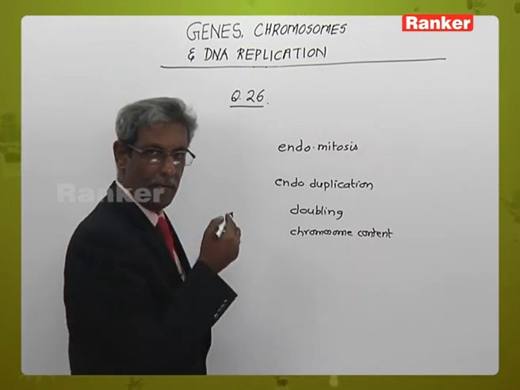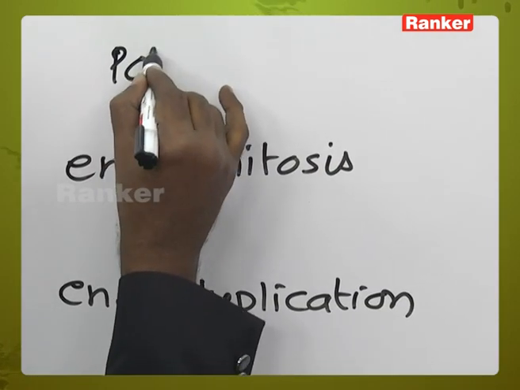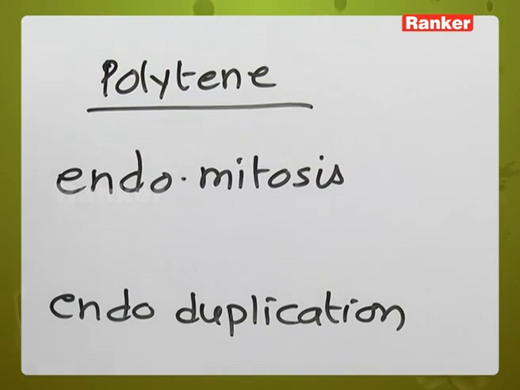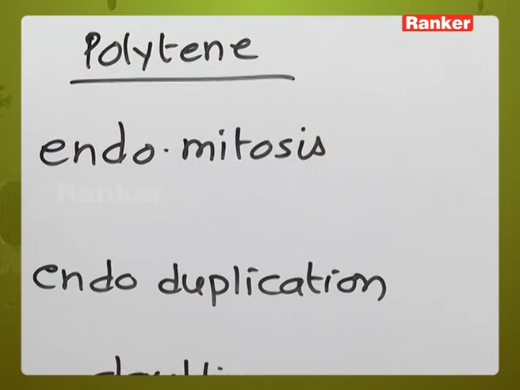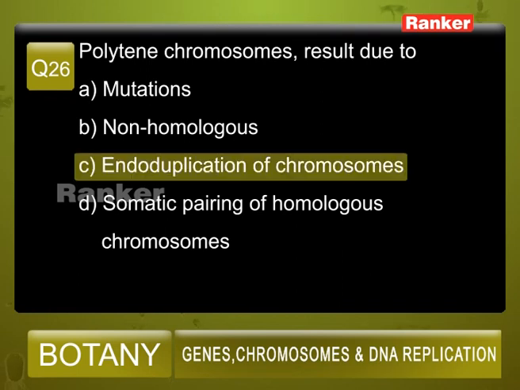This primarily is a result which leads to the formation of polytene or many chromosomes. Hence, among the choices, C, endoduplication of chromosomes, is the right answer. The answer is C.